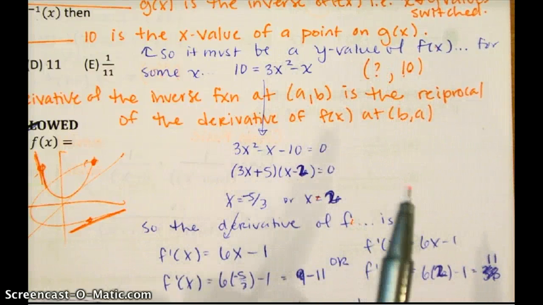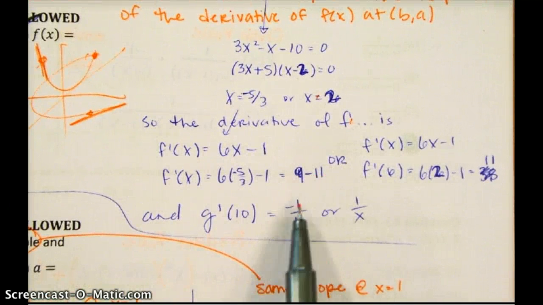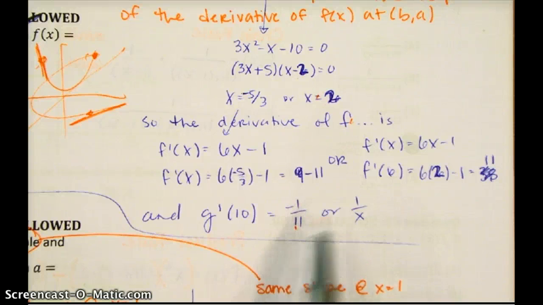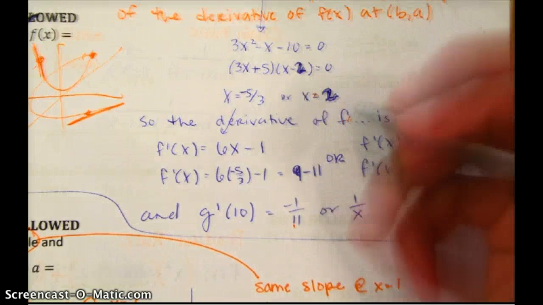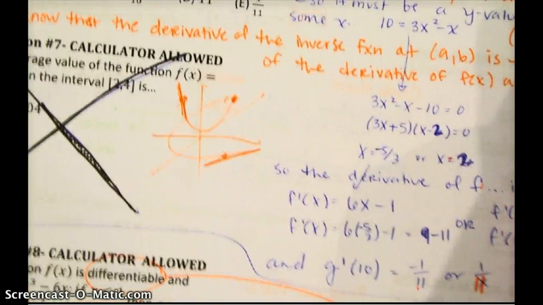And their slopes should be the reciprocal of the slopes on f. So the reciprocal of negative 11 is negative 1 over 11, and the reciprocal of 11 is 1 over 11, which is why the answer here was E.